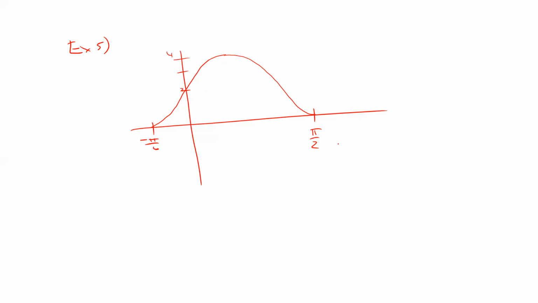Let's see. I want, let's do both here. I would like a cosine and a sine curve. Wait, is that dot at 4? Yeah, that guy goes up to 4. So it goes from 0 to 4.